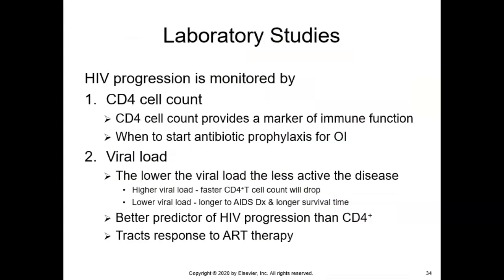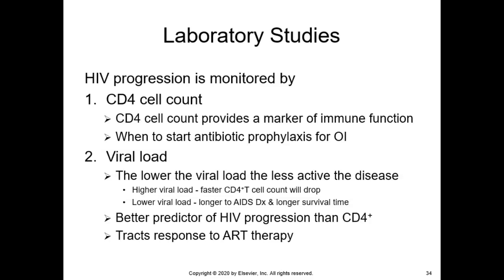All right, so with HIV, our monitoring is the CD4 count and the viral load. So remember, our normal CD4 count is 800 to 1200, and the viral load is something that we always want to monitor because a lower viral load means less active disease.